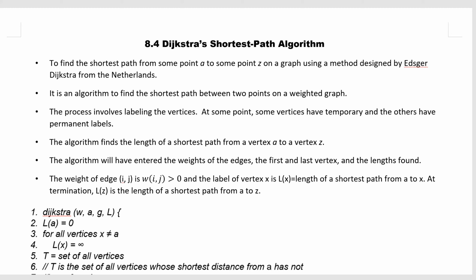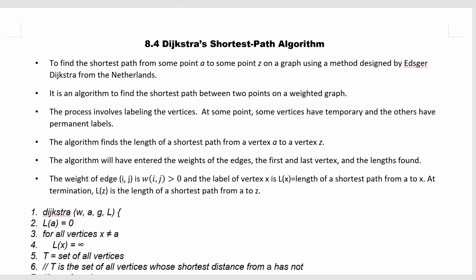So that's why today we introduce an algorithm, Dijkstra's algorithm. It can help us to find the shortest path. The process involves labeling the vertices. At some point, some vertices have temporary labels and the others have permanent labels. At each step we label the vertices.